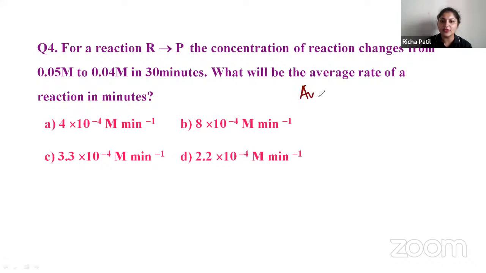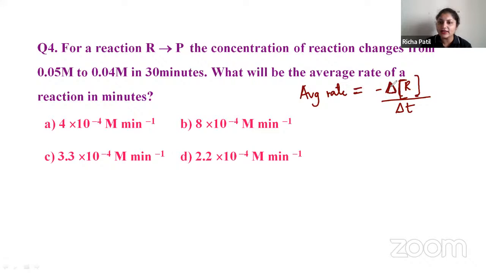So whenever you're calculating the average rate, you're going to find it for the reactant, right?